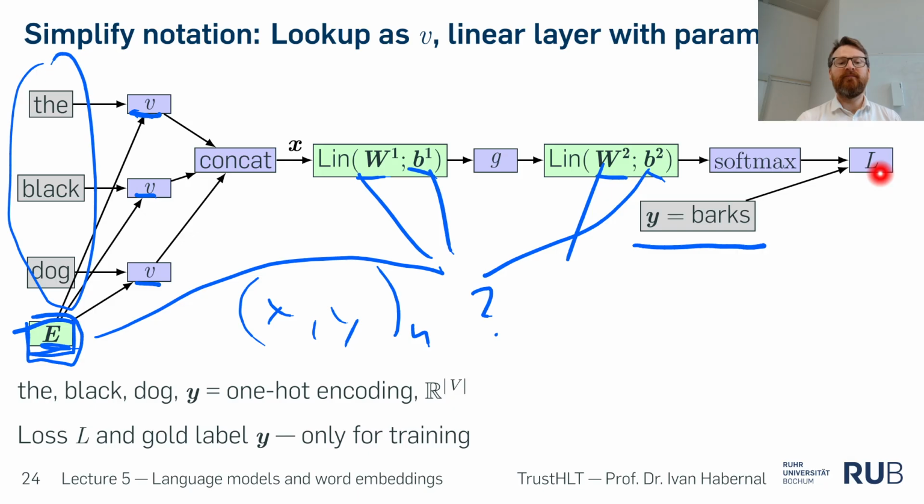There will be some properties of these embeddings, as you said, like some words should be closer to each other in meaning. Exactly. Because if you have the black dog barks and the gray dog barks, then black and gray should give me almost the same prediction. So their embeddings should be closer to each other, because they should give me the same or similar output. That's why this network learns the embeddings in the way it does.